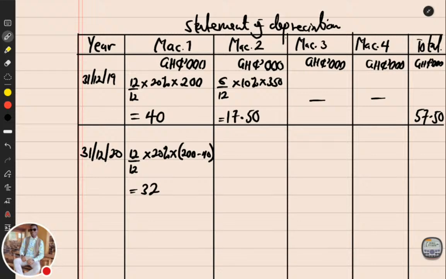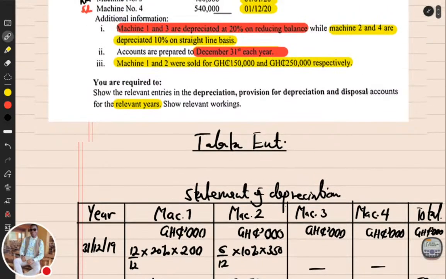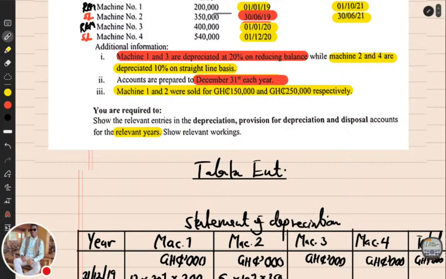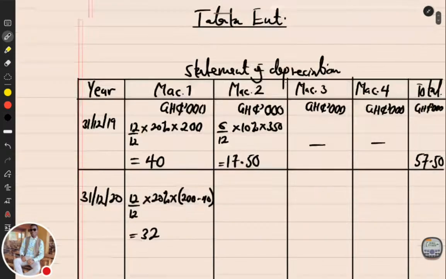Let's go for machine 2 and see what we have. Machine 2 too, as of 2020, was still in existence. So this time around, we are going to charge a full year depreciation. Because as of 1st January 2020, we have used the machine from that time to 31st December 2020. So a full year depreciation will be provided.